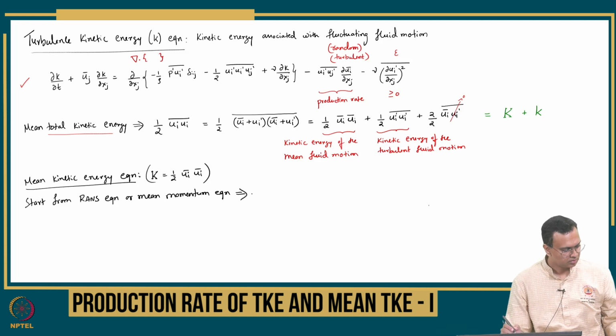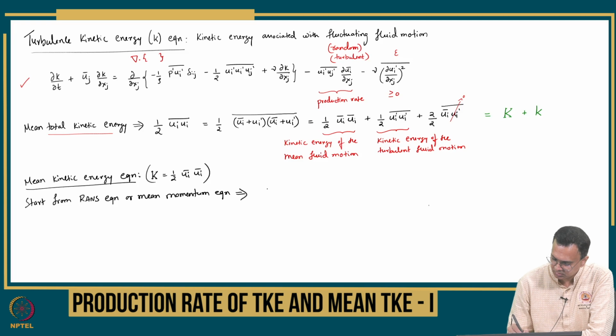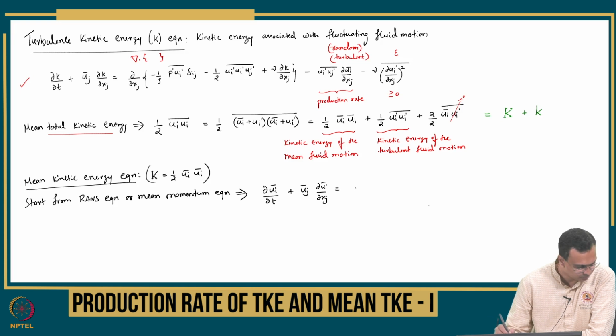So I have dou ui bar by dou t plus uj bar dou ui bar by dou xj equal to minus 1 by rho dou p bar by dou xi.